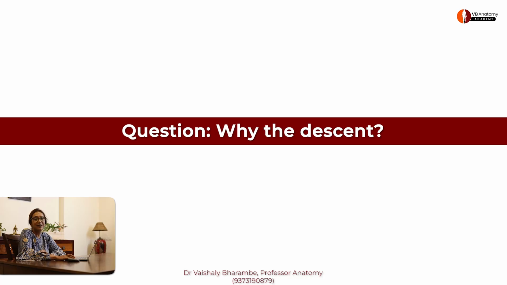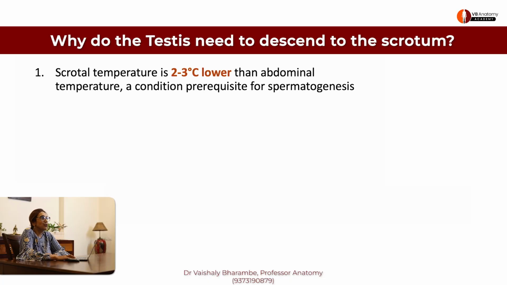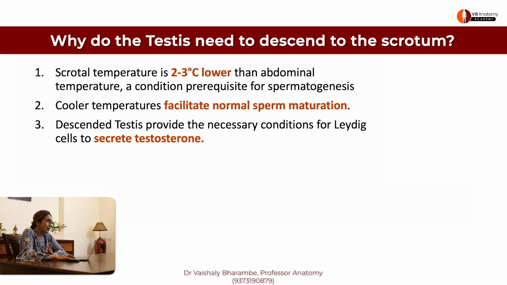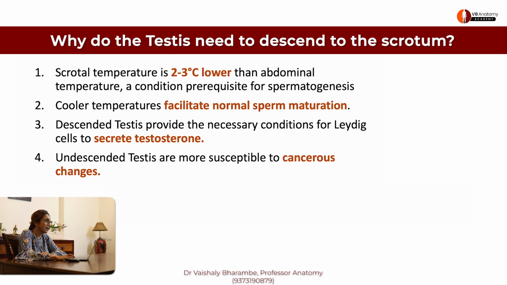Okay, so why the descent? Why should the testes, like the ovary, not stay inside the abdominal cavity? So, the scrotal temperature is 2 to 3 degrees lesser than that in the abdominal cavity, and this temperature facilitates normal sperm maturation. Descended testes provide necessary conditions for the Leydig cells to develop so that they can secrete adequate amount of testosterone.